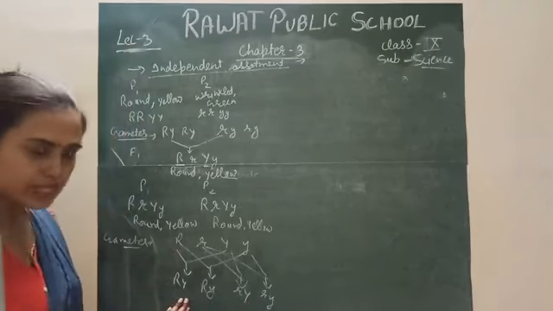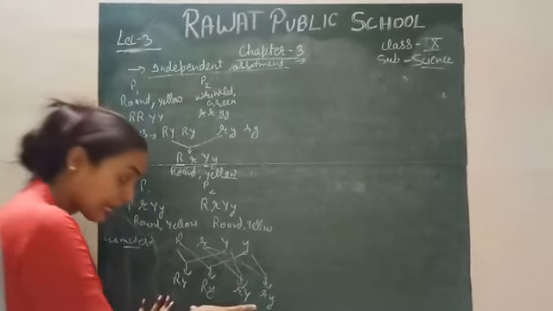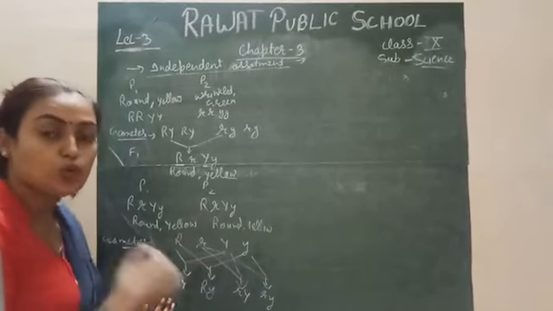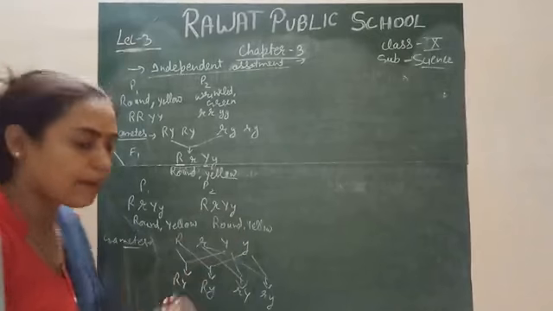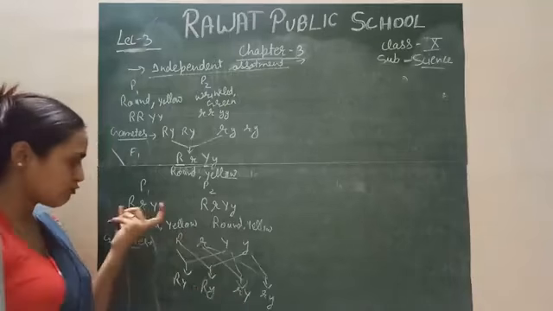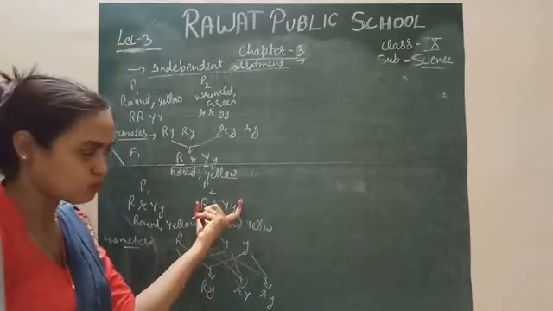These are the 4 gametes which we will get from this parent. Similarly, the same gametes we will get from the other parent also. So, in total we have 8 gametes, 4 from each parent. These are produced from this parent and the same are produced from the other parent also.